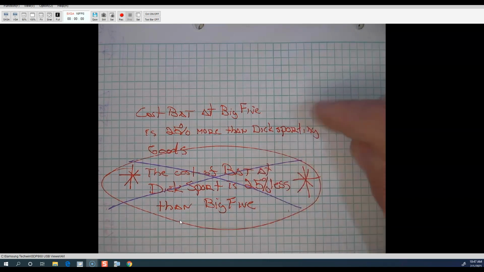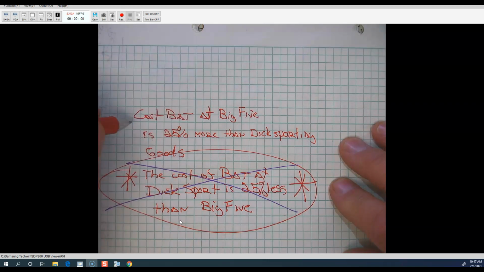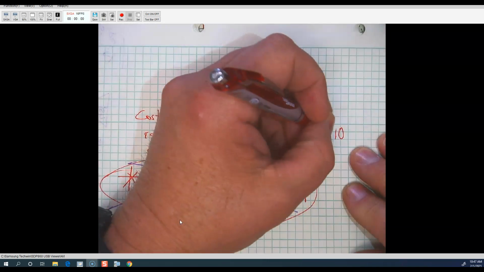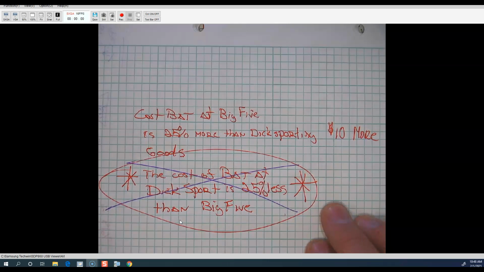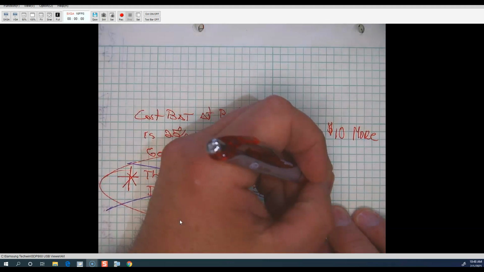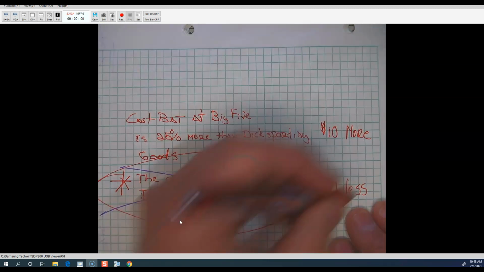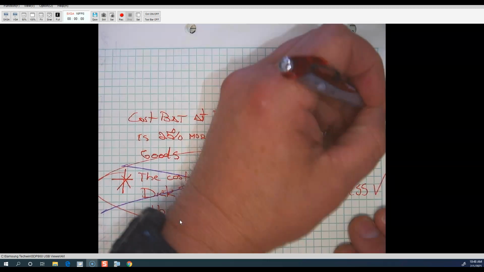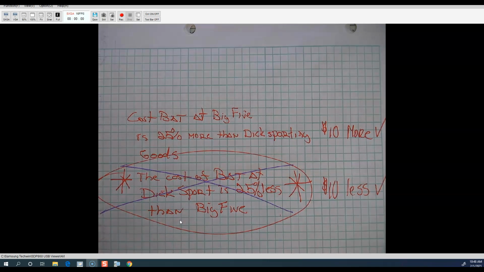Now, let's say that the price was, if I said the cost of a bat at Big Five was $10 more, then saying the cost at Dick's is $10 less, that's okay. The percentages are not the same. So that's a misunderstanding that most people have on percentages.